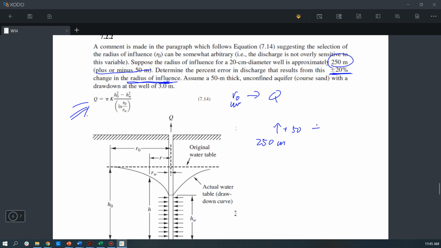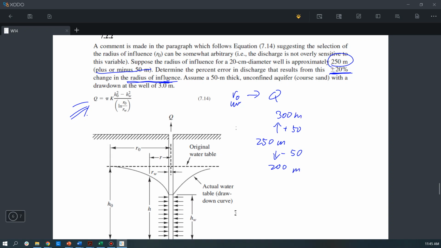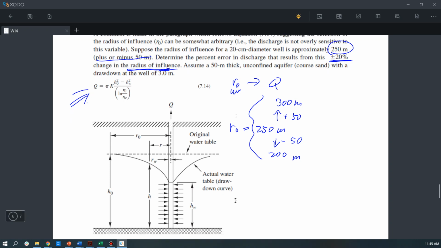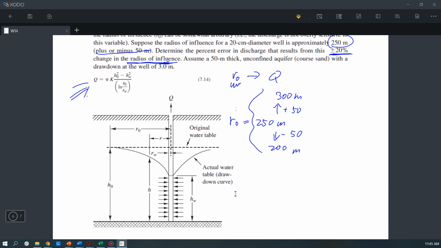So this will give us 300 and minus 50 give us 200 meter for the R0. This is the range we want to test.